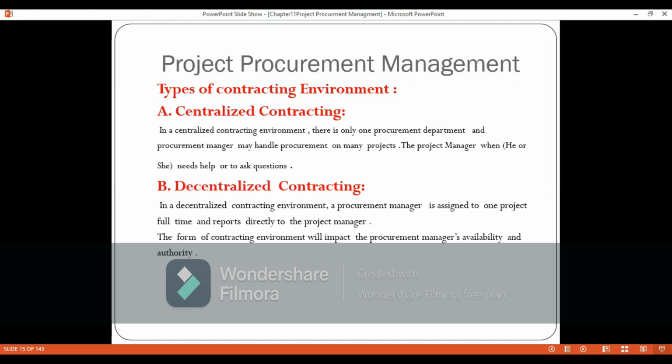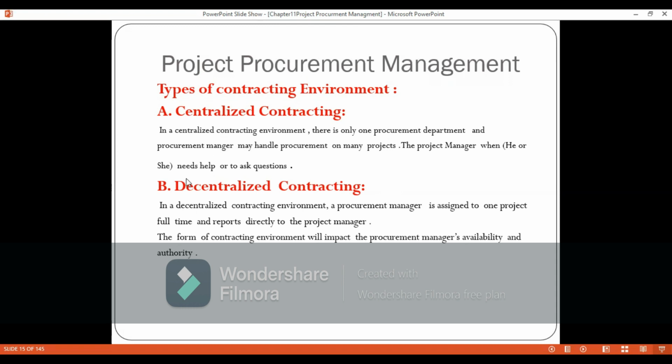Now, when it comes to the contracting environment, remember that you're working on your project under a contract. In procurement, you might have what we call centralized contracting, or decentralized contracting. Remember, centralized contracting means that the procurement department has power over the project manager, so the project manager is led by the procurement department.